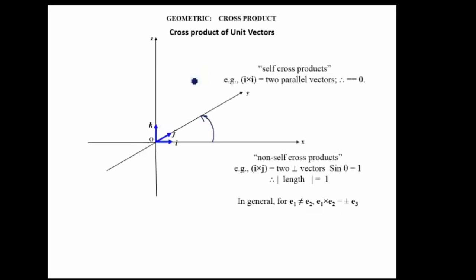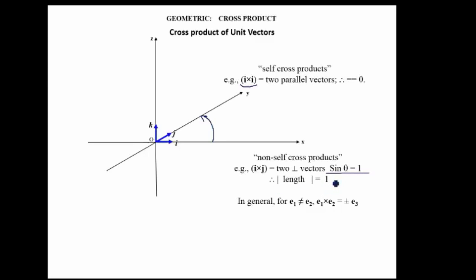If we take the self-cross products, we have two parallel vectors, and so we end up with 0. So i cross i, j cross j, k cross k are all equal to 0. The non-self cross products, meaning that we take different directions, give us two perpendicular vectors, so that sine of theta is equal to 1, and so the length is equal to 1.